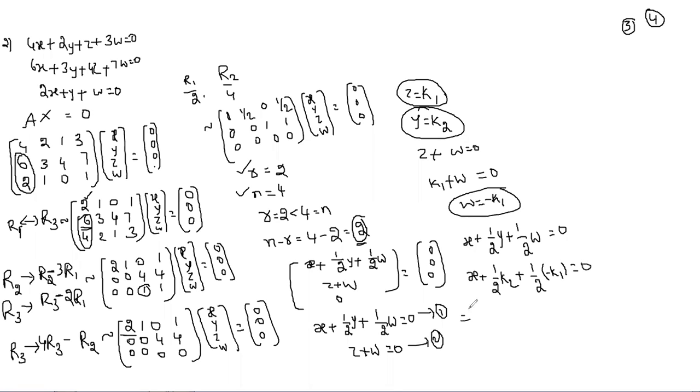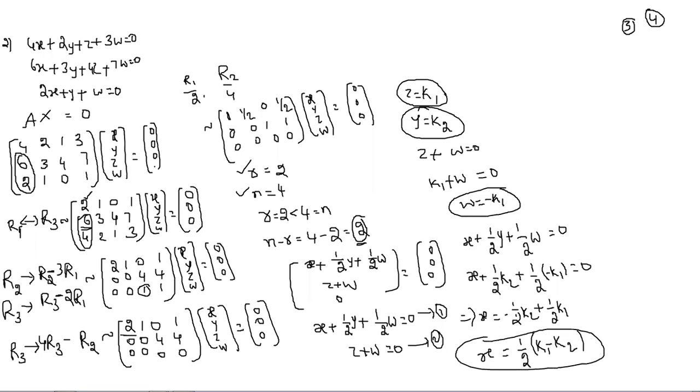Keeping x on the left side and the remaining on the right side, I get minus 1 by 2 k2, because here it has a plus sign and when it comes to the right hand side it changes to minus, and here plus 1 by 2 k1. In these two terms 1 by 2 is common, so taking that common we get k1 minus k2. So x is 1 by 2 into k1 minus k2.